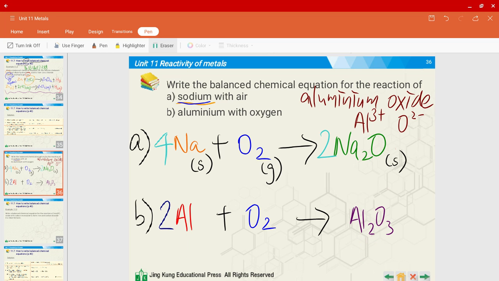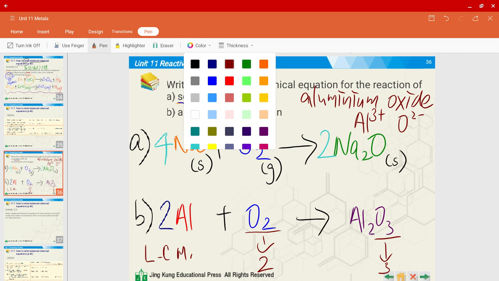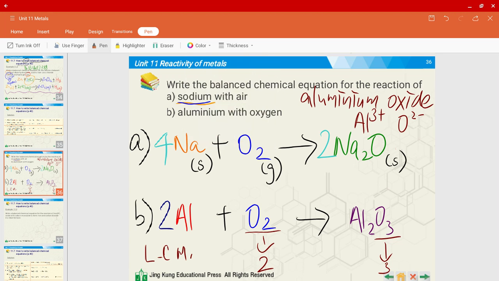How about the next one? Oxygen. Over here, I have 2 oxygens. On this side, how many oxygens do I have? 3. How can I balance them out? I'll be using the same method, LCM. You just need to find a way to balance them out. The LCM of 2 and 3 is 6, essentially.